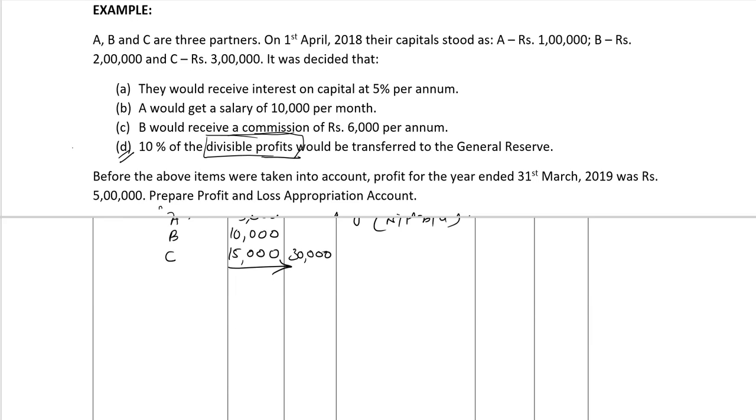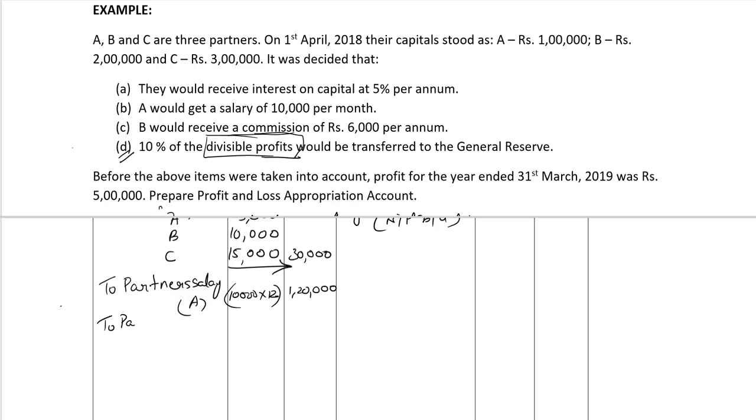Next, to partners salary, to A 10,000 into 12 months, 1,20,000.